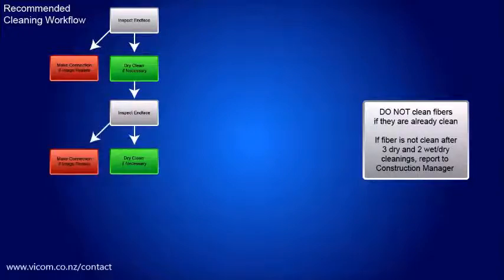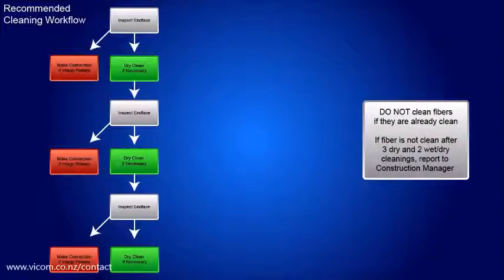After this inspection, make the connection if the end face is clean or clean it using a dry clean method. Remember that inspection always follows cleaning, and you can make your connection if clean. If the end face is still not clean, perform the third dry cleaning, then inspect the end face.